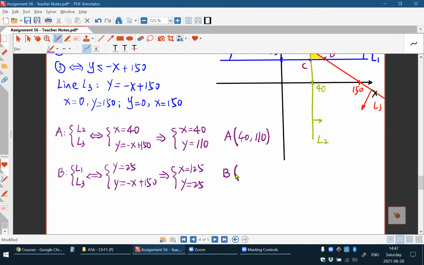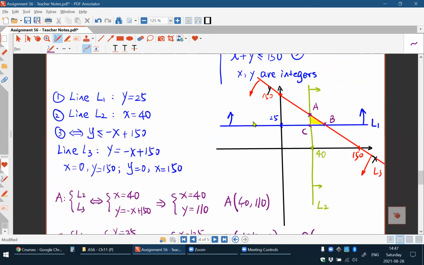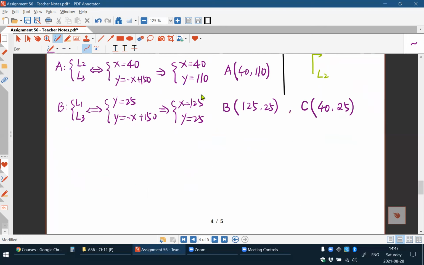So coordinates for B is 125, 25. All right, so coordinates for C is much easier, right? Because it's just the intersection between L1 and L2, which is 40, 25. Okay, so now we have coordinates for A, B, and C.